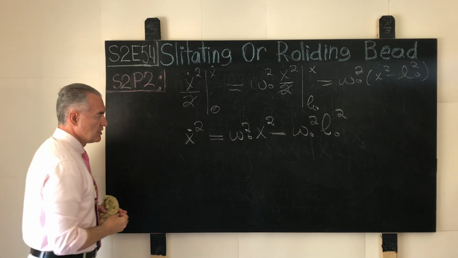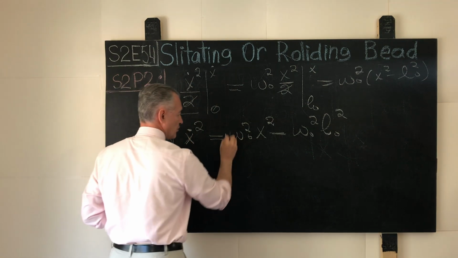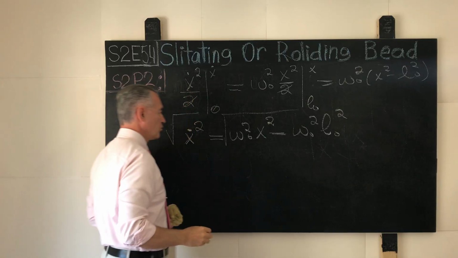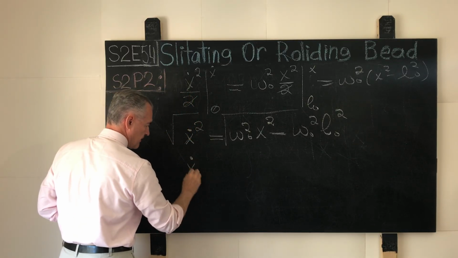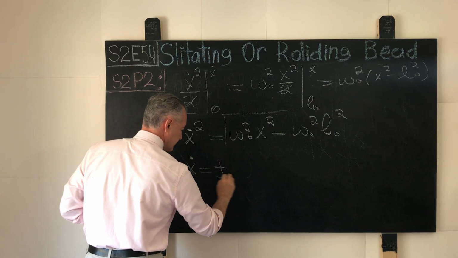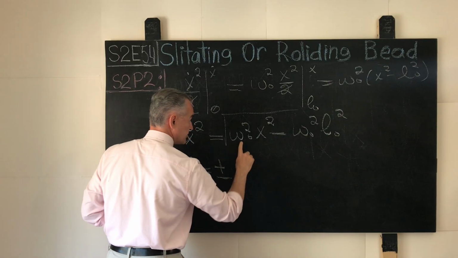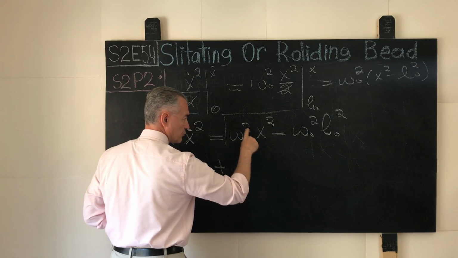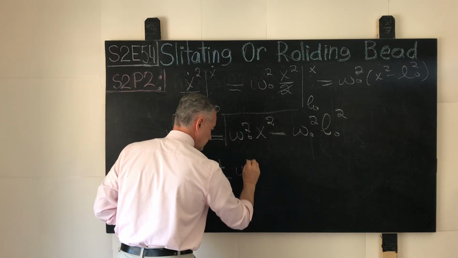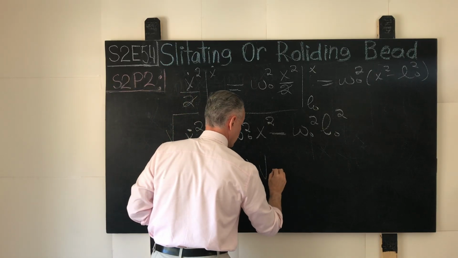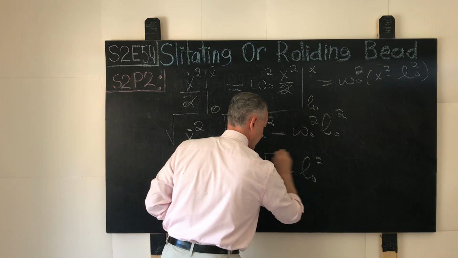And now what? Well, when we take the square root of both sides of this result, what do we have? Here, technically, x dot will be equal to plus minus, let's say, omega 0 squared. Factor it out. Omega 0 times the square root of x squared minus L0 squared.